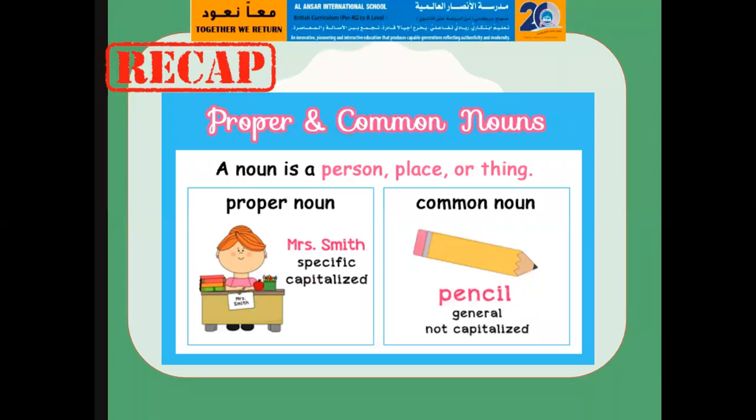Remember, proper nouns have to have capital letters at the beginning of the word. An example of a common noun would be something that you see a lot of around you. It could be something normal like a window or a pencil or even a chair or a door.